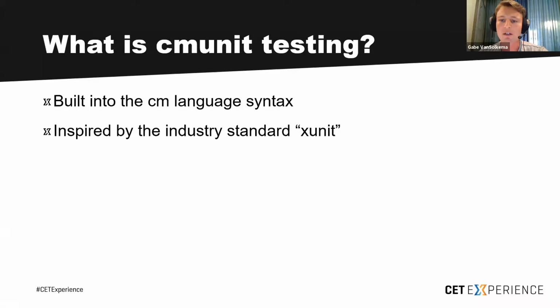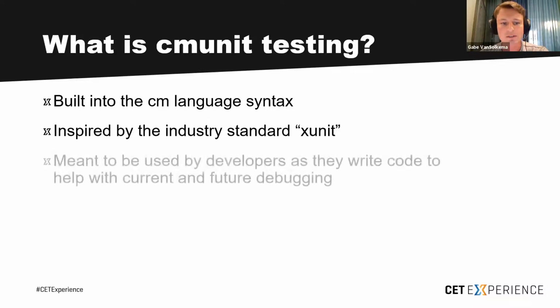It's like a bucket where there's tons of different unit testing standards and protocols out there, and XUnit is probably the most popular one. If you've ever heard of JUnit testing or RUnit testing for Java and R respectively, those are both XUnit. Those both follow the XUnit paradigm, and that's what CMUnit is doing as well.